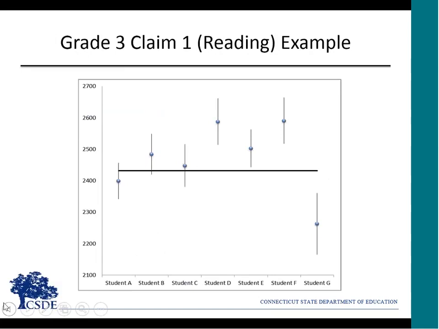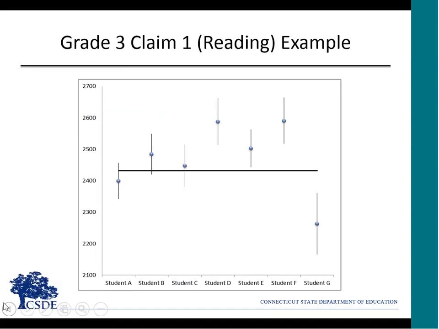The vertical lines above and below the blue dots represent the confidence interval for the claim level scale score for each student. Because the standard error of measurement represents the extent of uncertainty in a student's scale score, this confidence interval is established as 1.5 times the standard error of measurement for each student, both above and below the claim level scale score for that student.